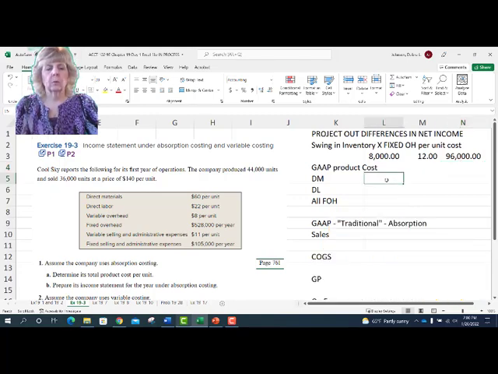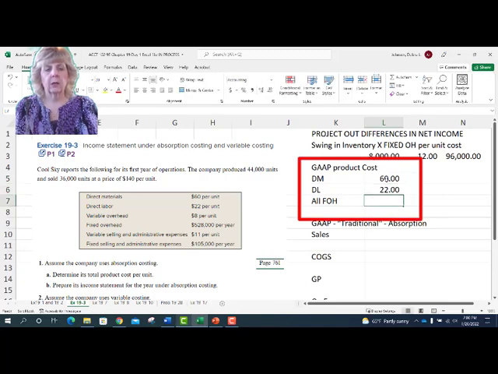Number 1 says, what is the total product cost under GAAP? We know there's 3 things that go into making a GAAP product cost: direct materials of 60, direct labor of 22, and variable overhead with fixed overhead all combined would be a total of $20.